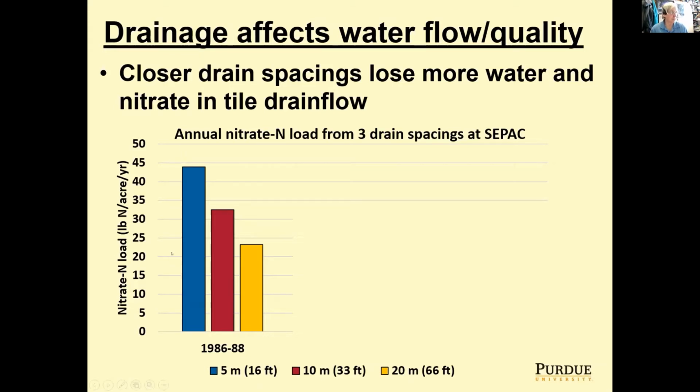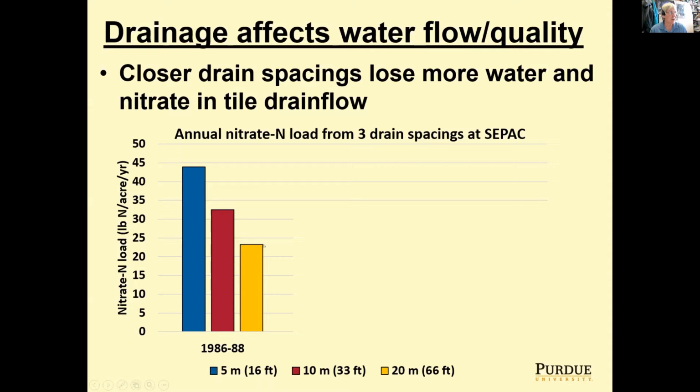So I'm going to show you two different time periods just to illustrate this. In the early part of our experiment from 86 to 88, we were using high fertilizer nitrogen rates, continuous corn, no cover crop, chisel tillage. And if you look at the gold bar here, that is the 20 meter or 66-foot spacing.